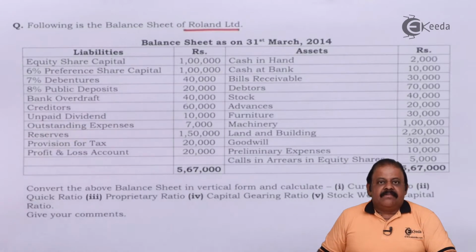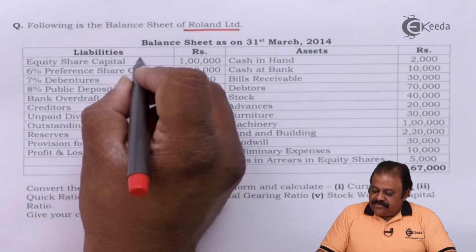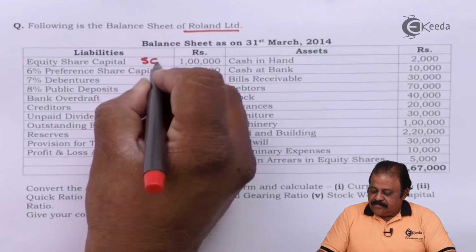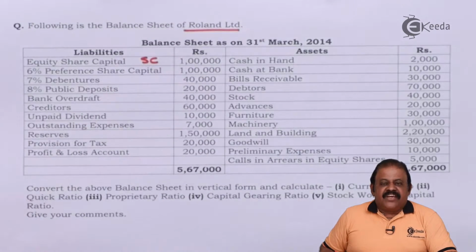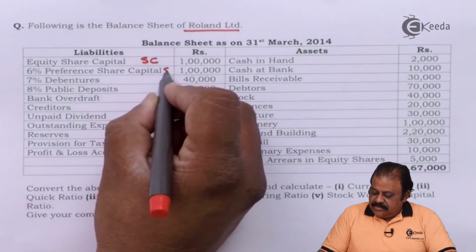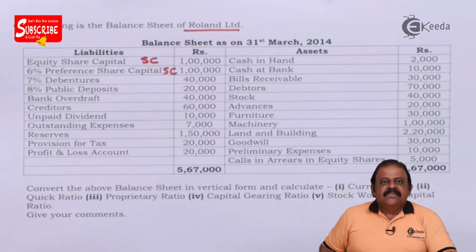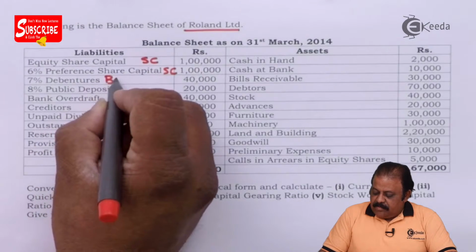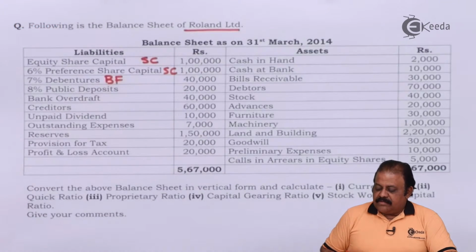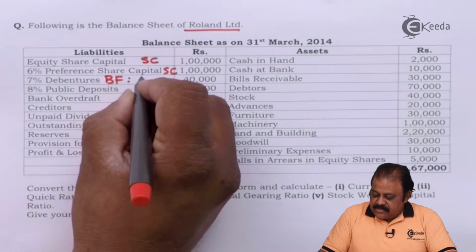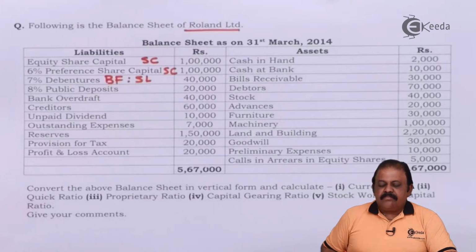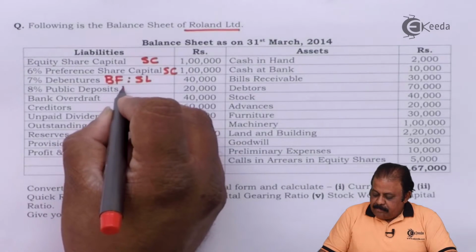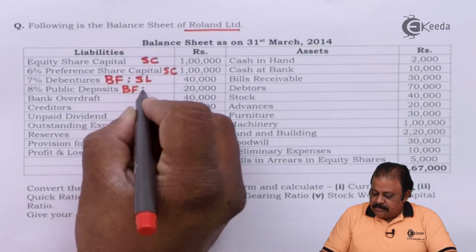Equity share capital. This will be part of share capital. Preference share capital, share capital. 7% debentures. This will be part of borrowed funds. Secured loans. 8% public deposits, part of borrowed funds.